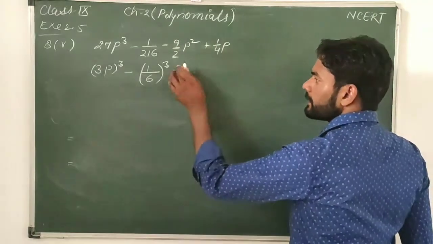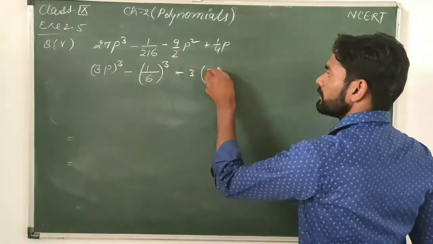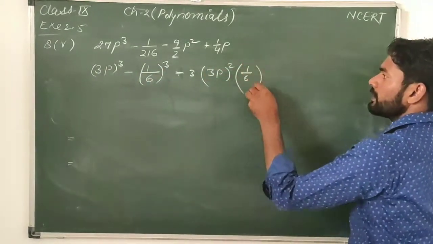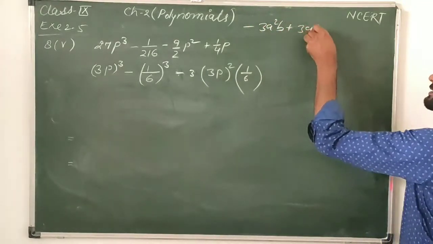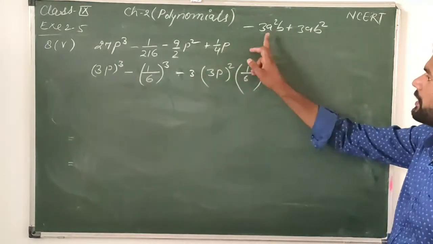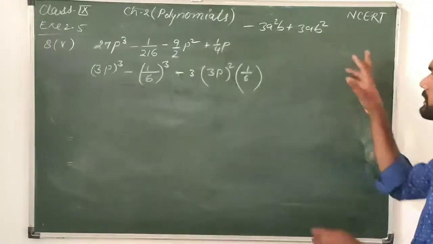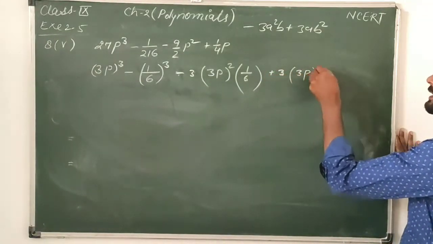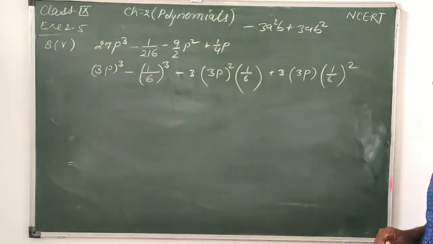Again minus 3a square b plus 3ab square, with a as 3p and b as 1 upon 6, minus 3 times 3p square times 1 upon 6, plus 3 times 3p times 1 upon 6 whole square.